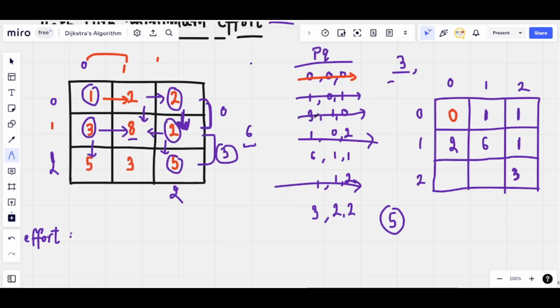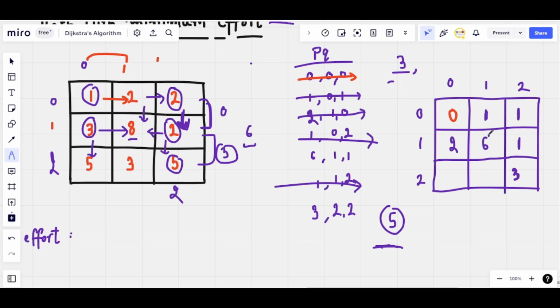It's not 3, it's 2 basically, that was a mistake. So we have 2 here, and 2 is the effort for cell 1 0. And to reach cell 1 1, the effort is 5.